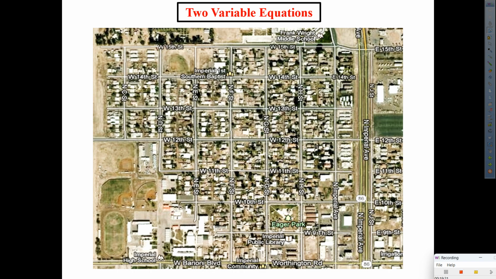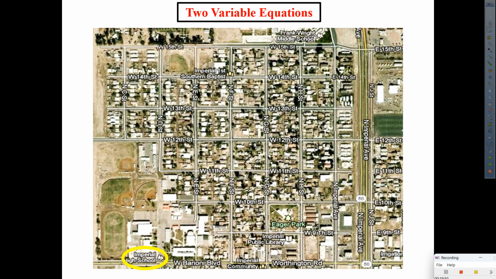Here's as best as I can introduce this concept. Here's a Google map for Imperial. The other day, I was walking out after finishing my tutoring, you know there's tutoring after school, and a parent and their son and daughter stopped me. They said, excuse me, do you work here? I kind of do.